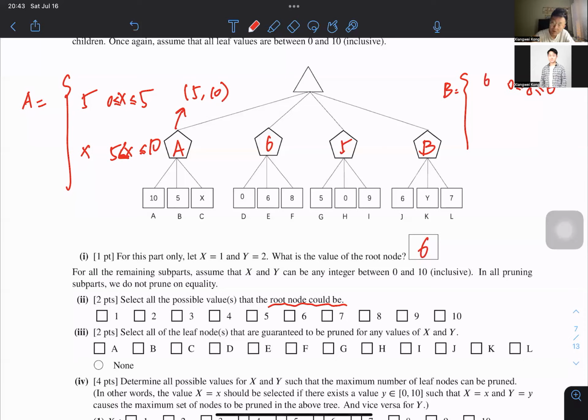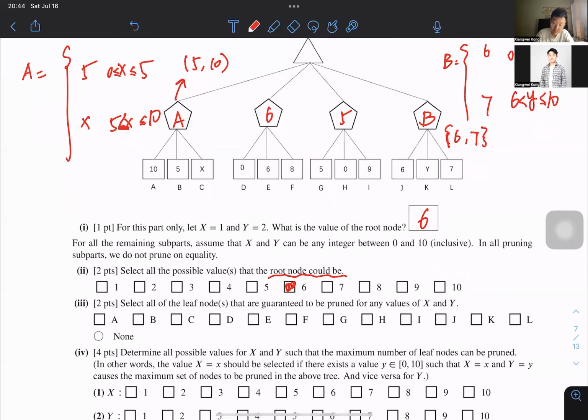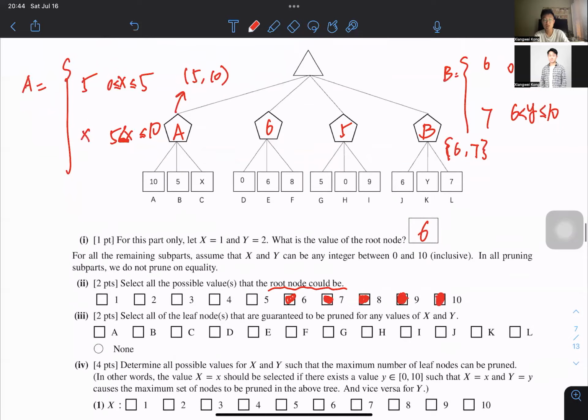And if Y is larger than 6 and less than or equal to 10, then B's value will be 7. So B can be 6 and 7. And this maximizer will choose the maximum value among the four. So that's why the root node could be 6, 7, 8, 9, and 10.